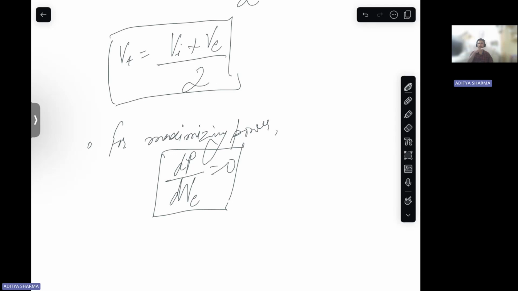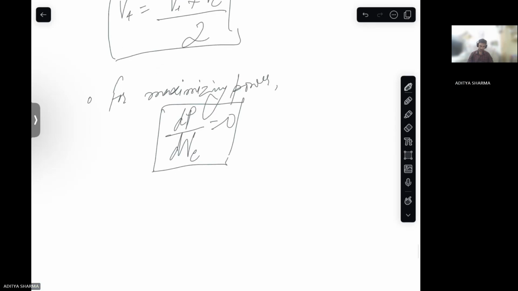At the maximum you'll have a tangent parallel to the x-axis. So when we do this, what we find is that Ve optimum is a third of the entry velocity. So this is the optimum velocity.